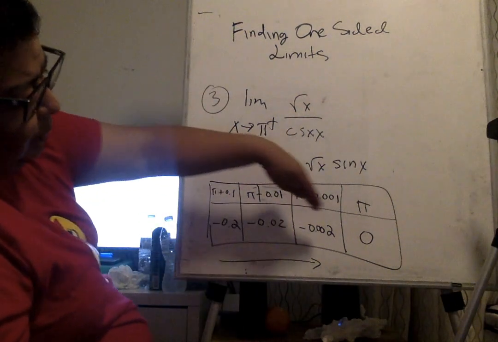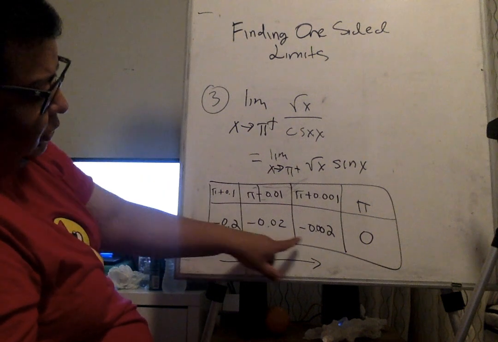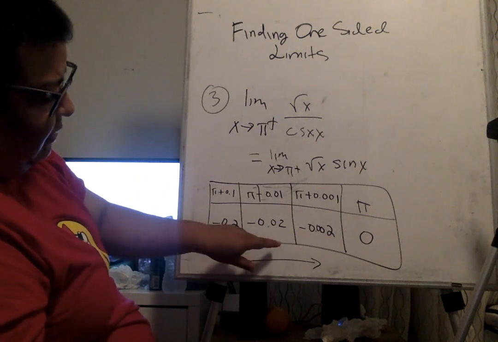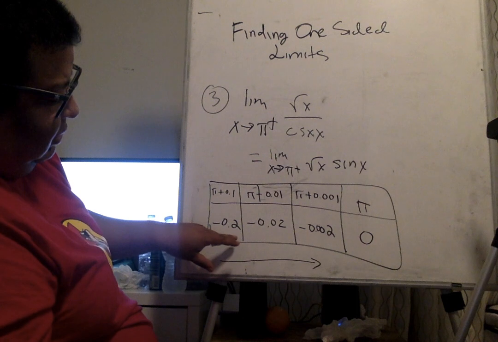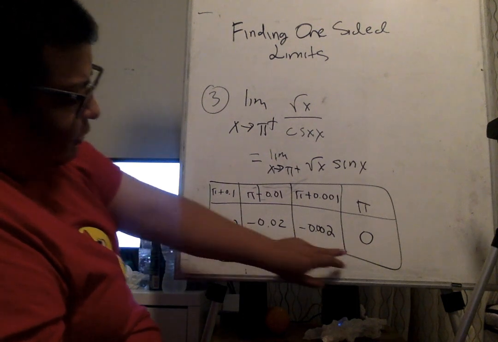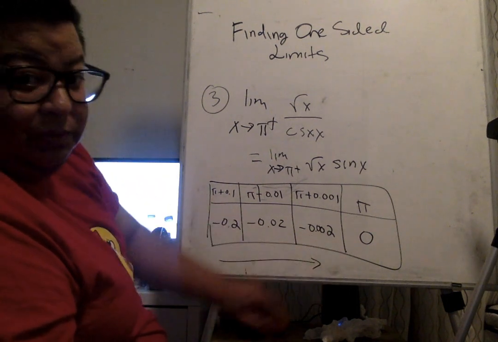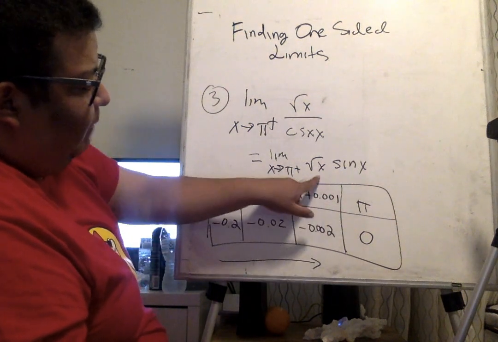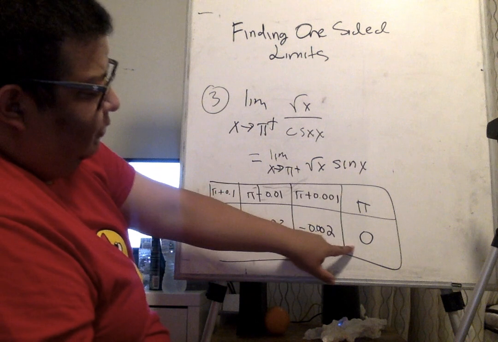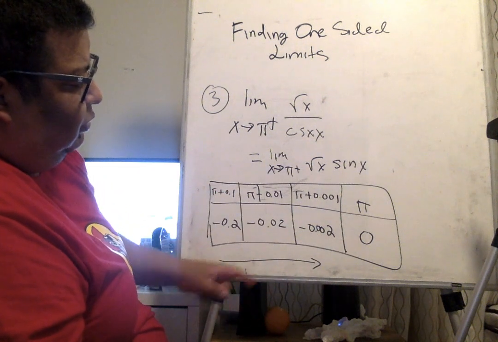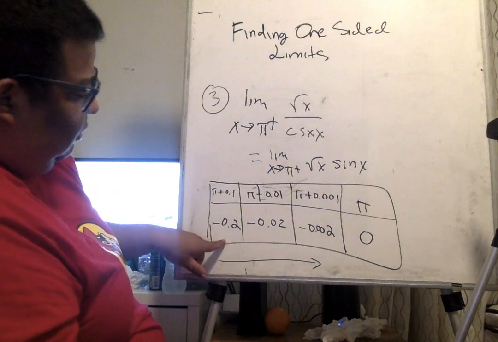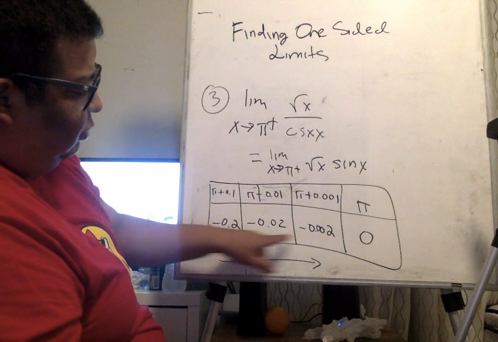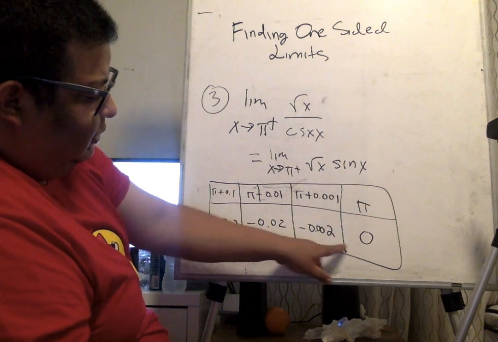So notice, as we're approaching pi, we're approaching a smaller number, quickly approaching the value, and actually we approach 0. If you plug pi into this function, you're going to get 0. And notice the closer we get to pi, we're approaching 0.